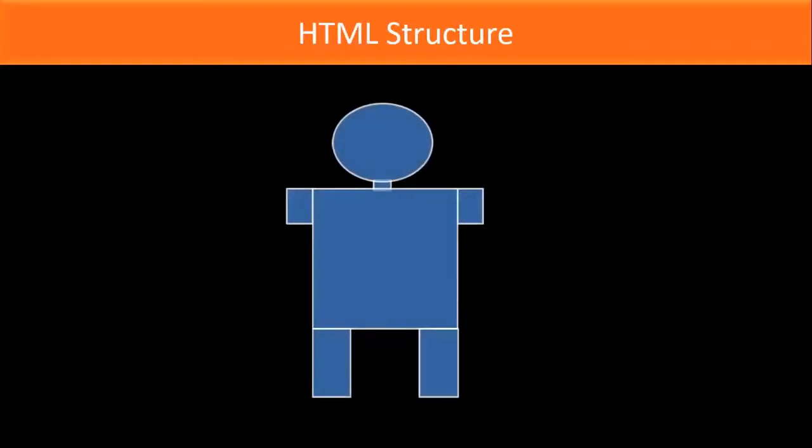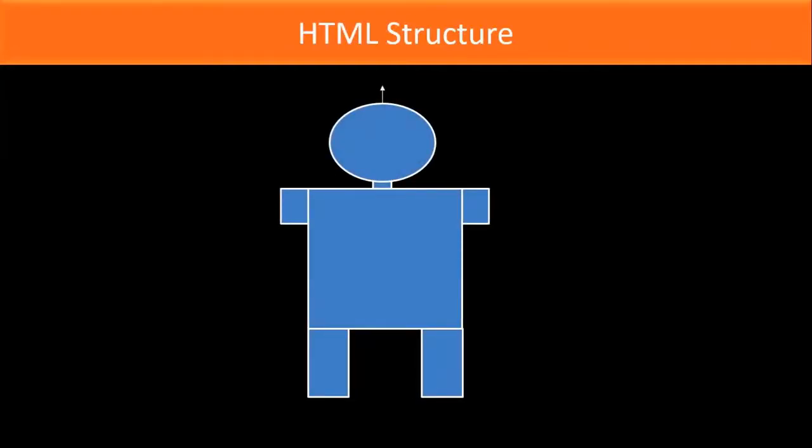HTML structure. If we compare HTML as a man, at the top of the man here the HTML tag starts, and at the bottom of the man here the HTML tag closes. At the top of the head here the header tag starts, at the bottom of the head here the header tag closes.